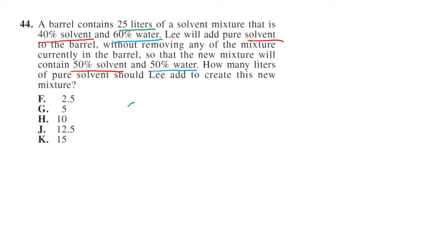So we have 25 liters total, but of that 25, 40%, so 40 over 100, or 0.4, is solvent. And then we're going to add that plus 25 liters, of which 60% is water, 60 over 100, or 0.6.